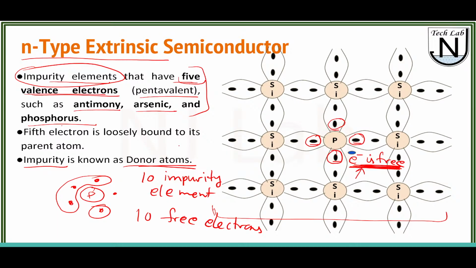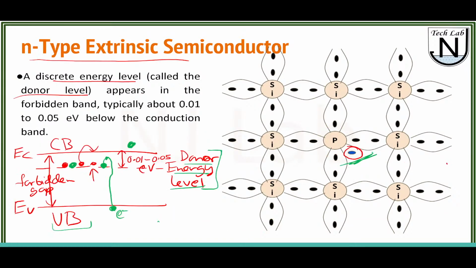And this impurity is known as a donor atom because it donates one electron, right? And due to this donor impurity, we got the donor energy level, and due to the presence of this energy level, it helps all the electrons, the free electrons as well as the other electrons, to reach the conduction band.